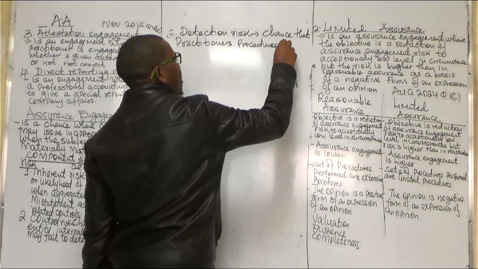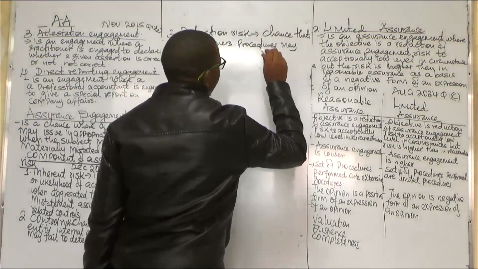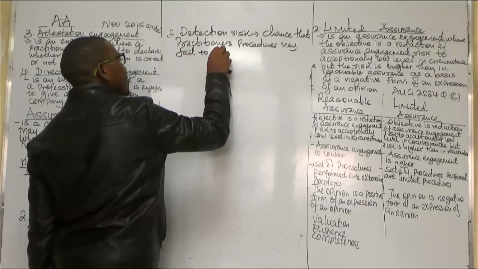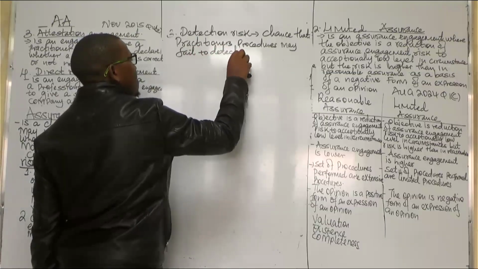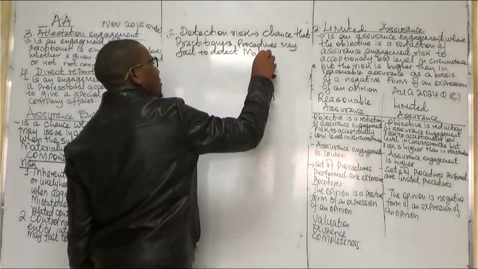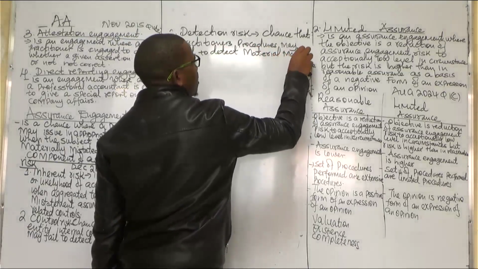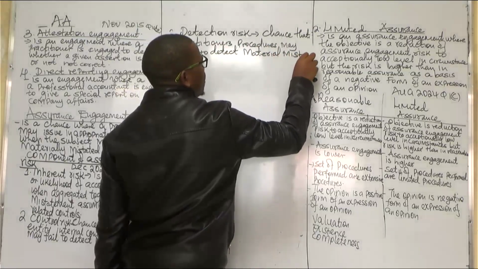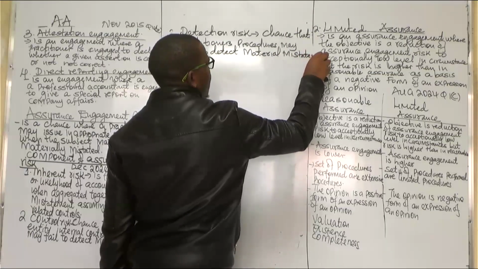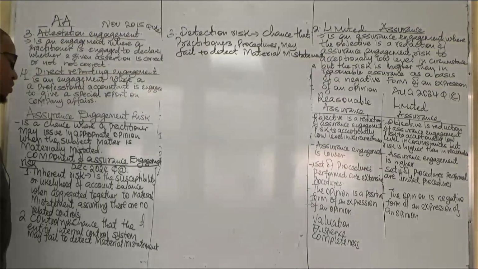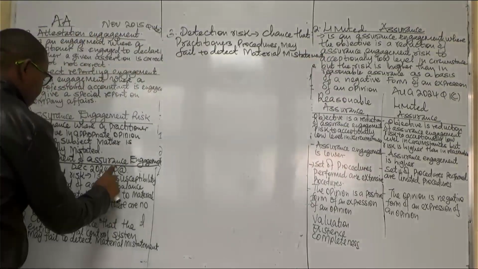The auditor's procedures may fail to detect material misstatements. That is what we call the detection risk.